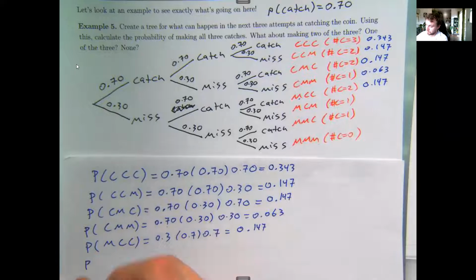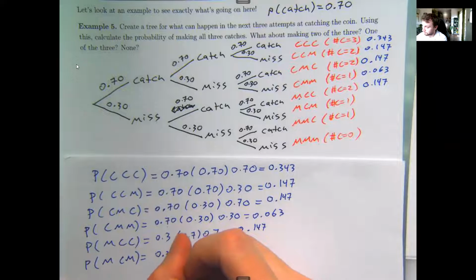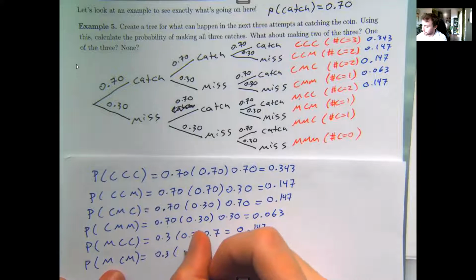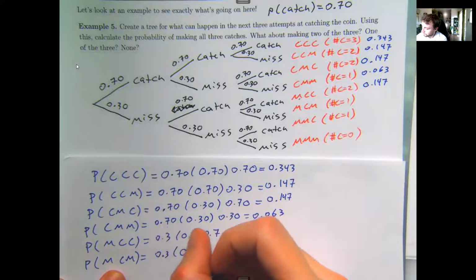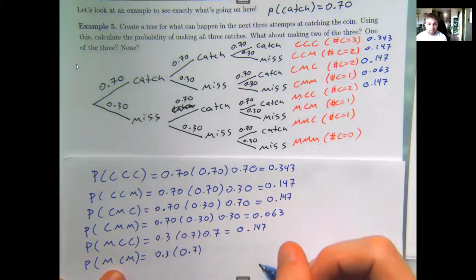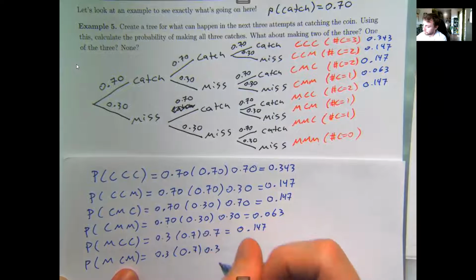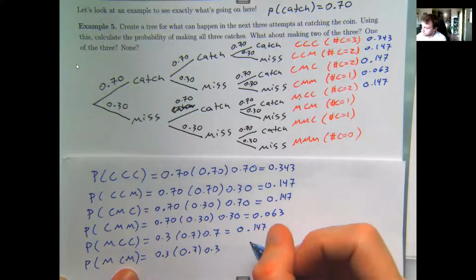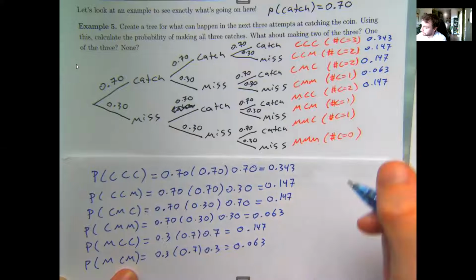Miss, catch, miss. The probability that I miss is 30%. Catching is 70%. Missing is 30%. Typing this into a calculator, I get 0.063.